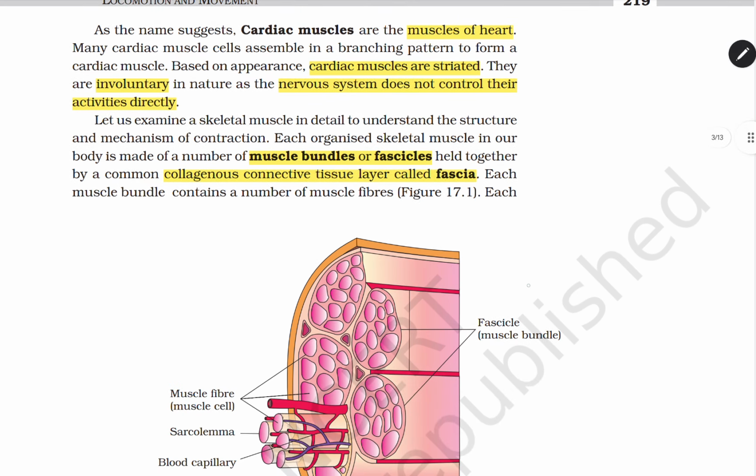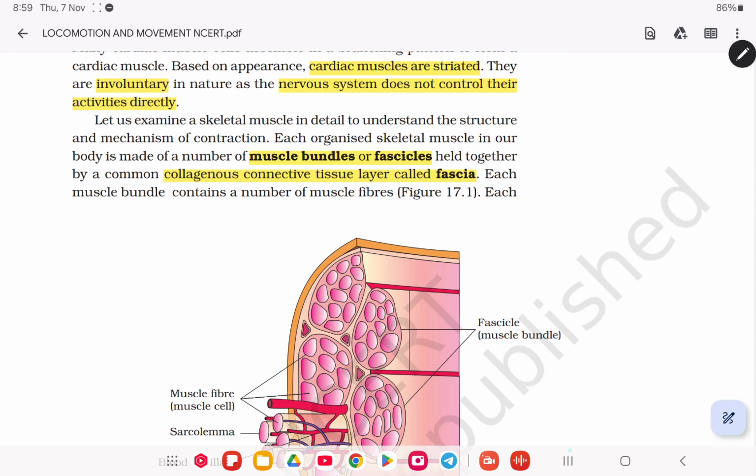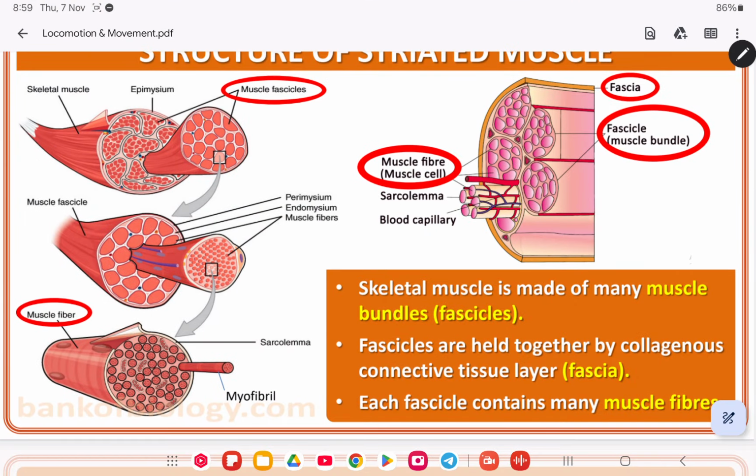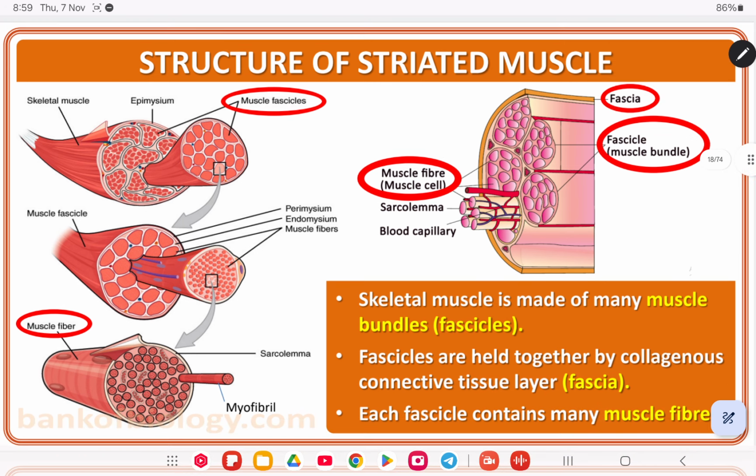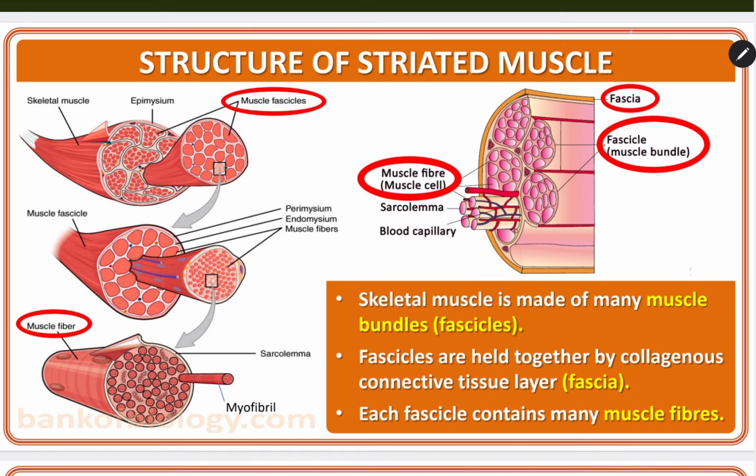Before starting the skeletal muscle, let's see the NCERT, what it says. Structure of striated muscle. See the diagrams. Here it is your skeletal muscle. It has a covering, epimysium, and inside this you can see muscle fascicles.